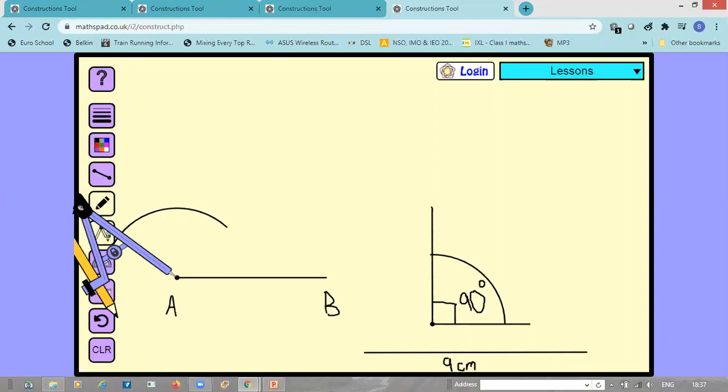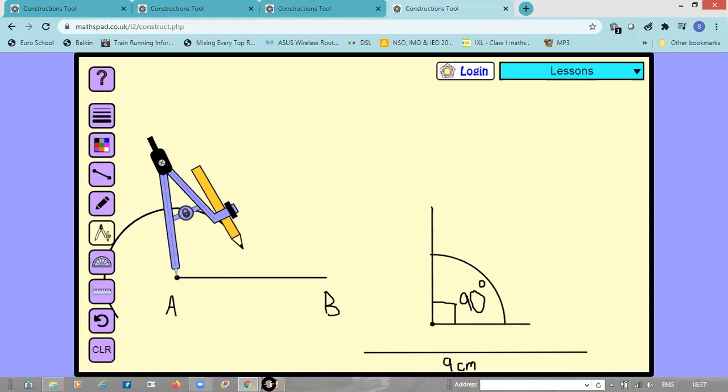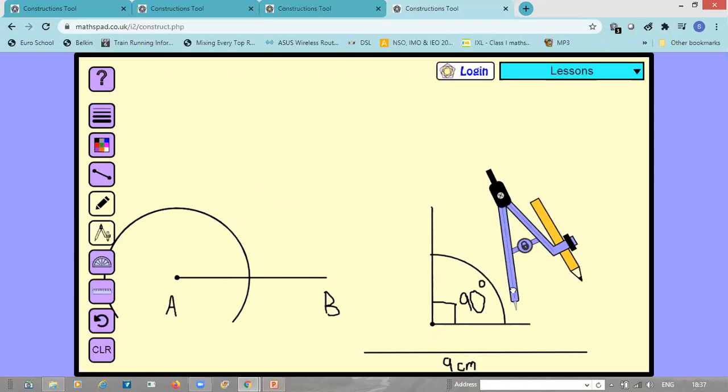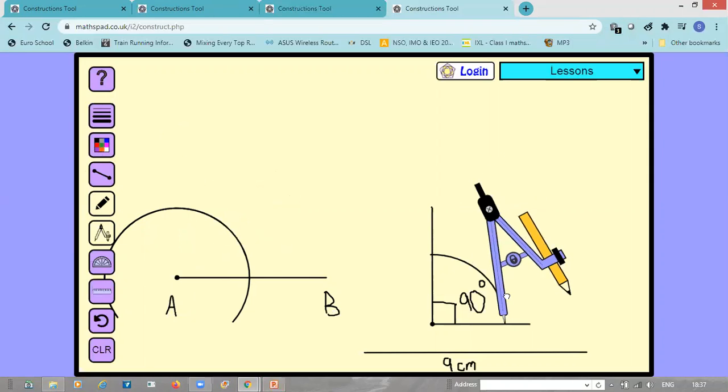And remember, the arc should go through the line AB here, just like this.